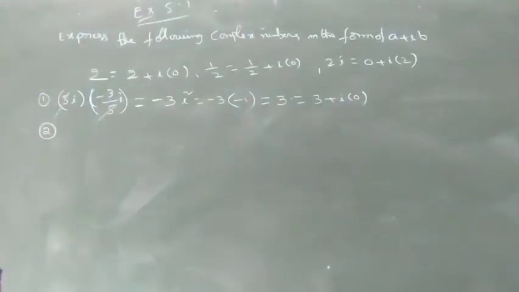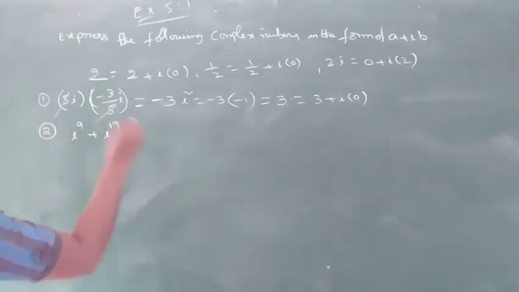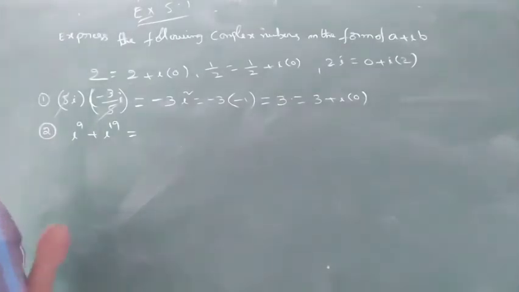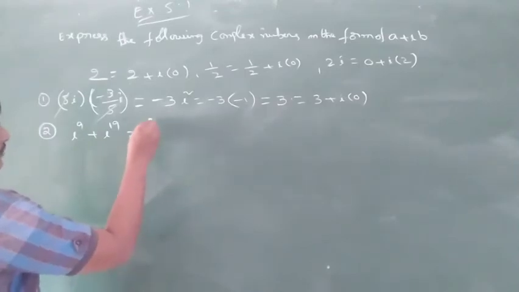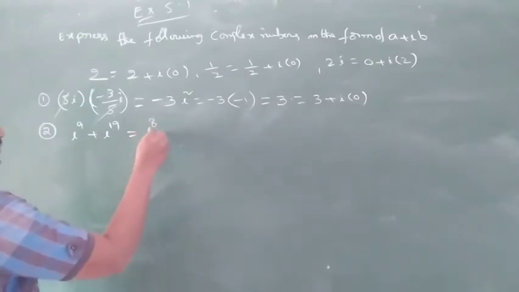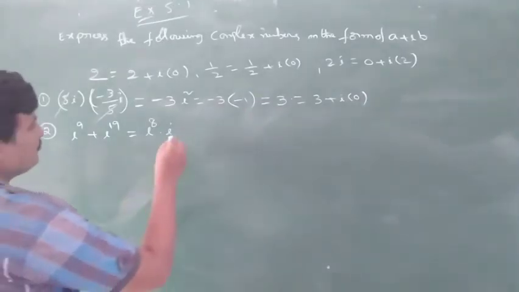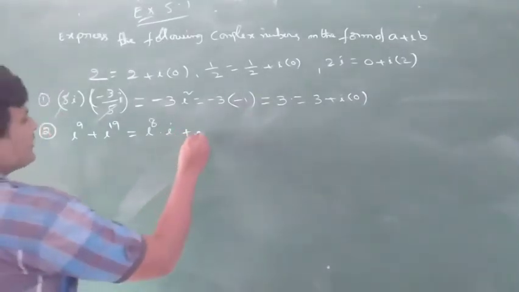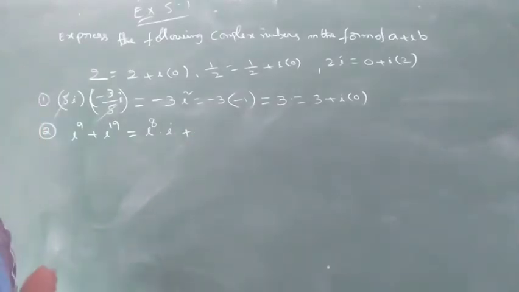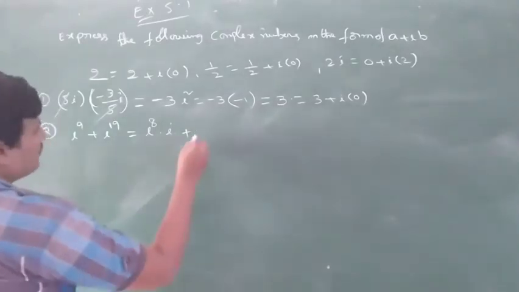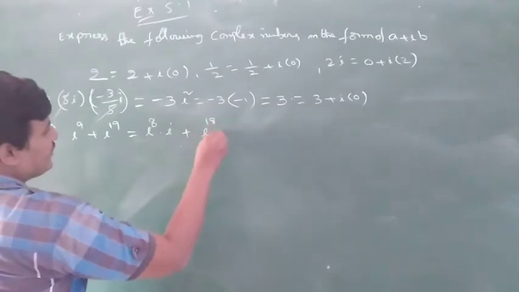Second problem: i power 9 plus i power 19. I power 9 is equal to i power 8 into i, and i power 19 is i power 18 into i.